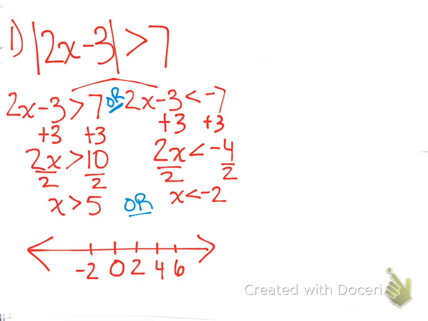Open at 5, which is between 4 and 6, shaded to the right. Very good. We still have to graph the other half, which is x is less than negative 2. Open or closed at negative 2? Open, and shaded to the left. So we have open on both of them because neither of them had the equal to bar, and we shade whichever way we are told to.